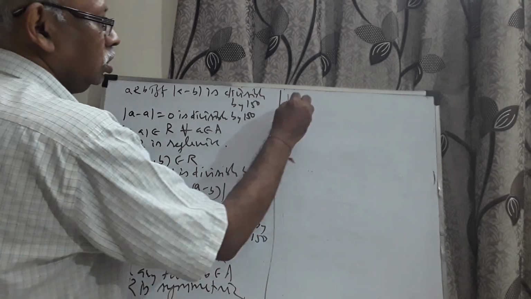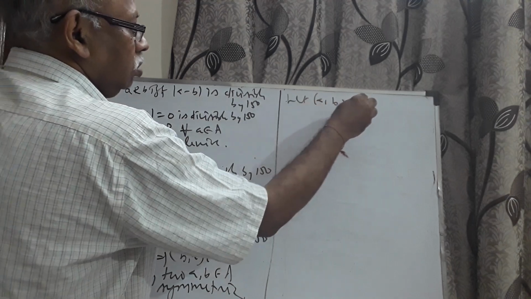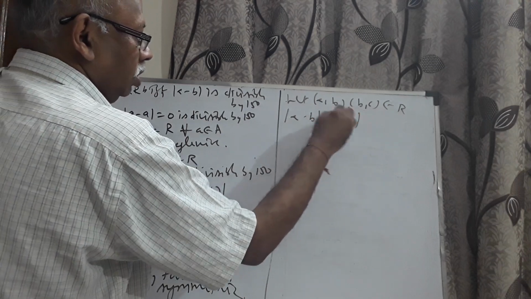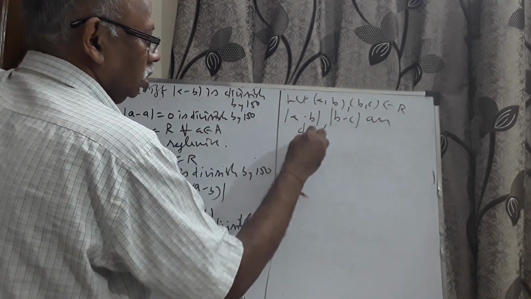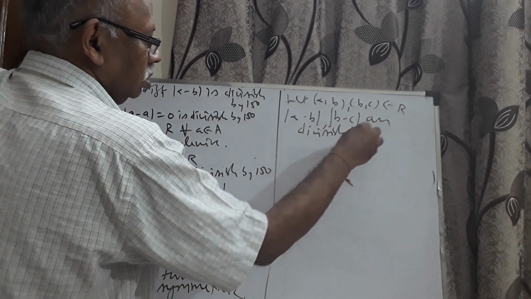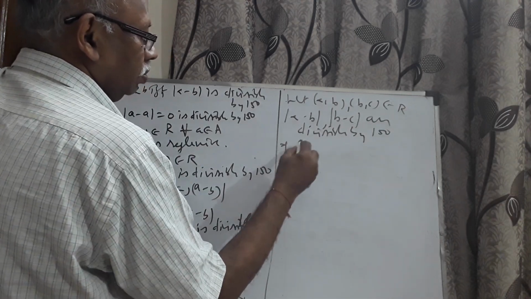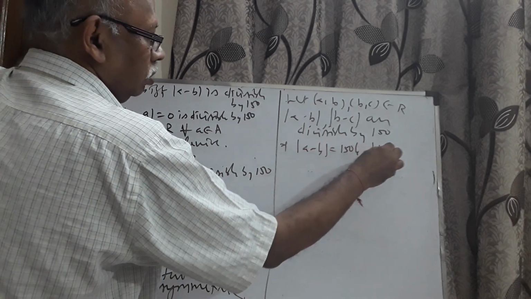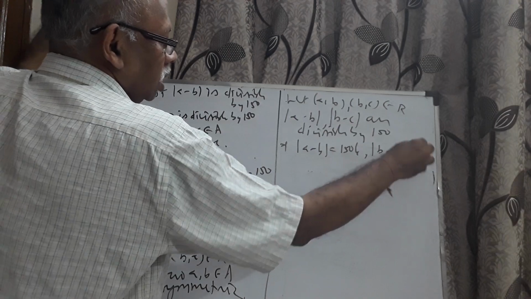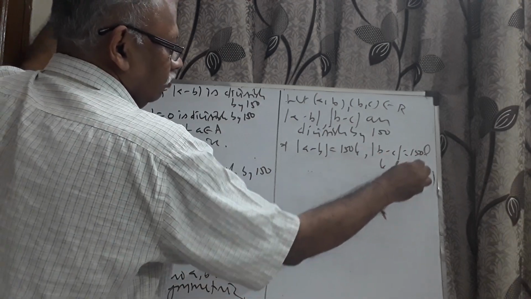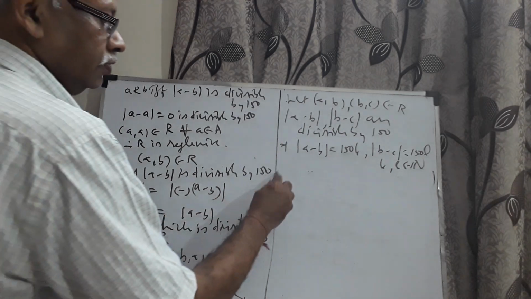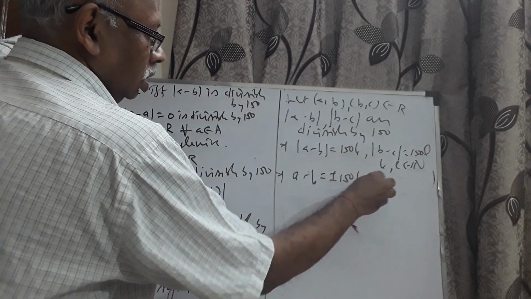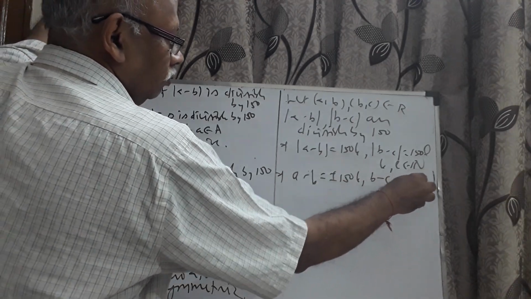R is symmetric. Then let (a, b) and (b, c) be elements of R. Mod a minus b and mod b minus c are divisible by 150, which implies mod a minus b is equal to 150k and mod b minus c is 150l, where k, l are elements of N. Those are positive numbers, therefore I take them as natural numbers. Now remove the modulus: plus or minus 150k, plus or minus 150l.